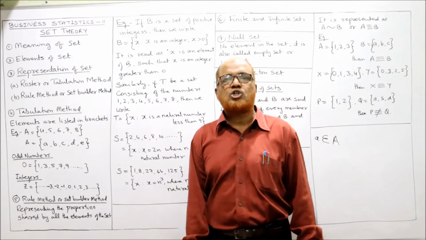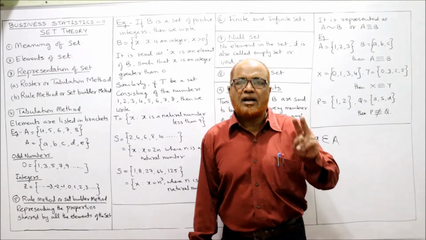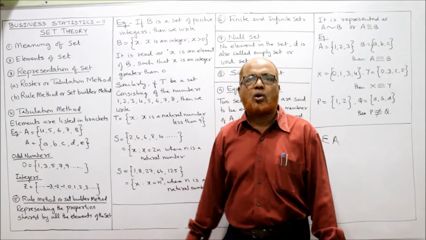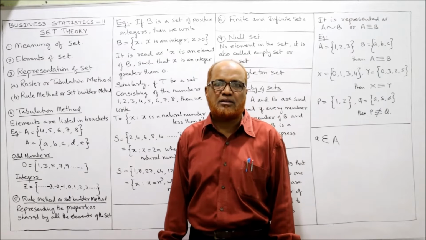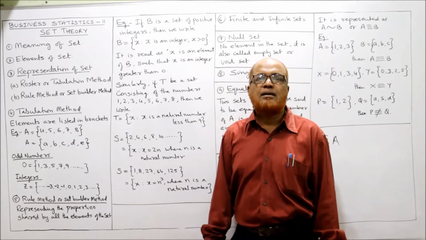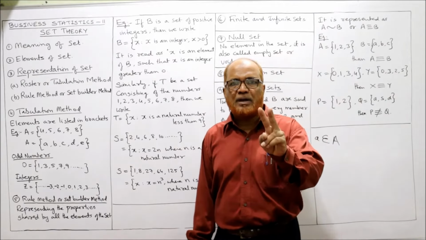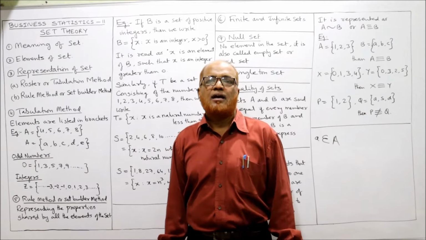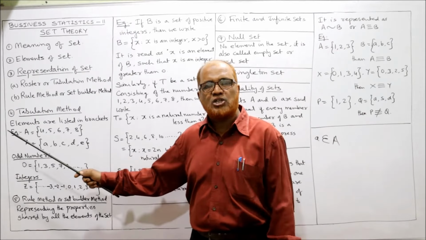Now representation of set. There are two methods of representing the set. The first method is called roster method or tabulation method, and the second method is called rule method or set builder method. These are the two methods through which the set will be represented. Now we'll discuss each method.